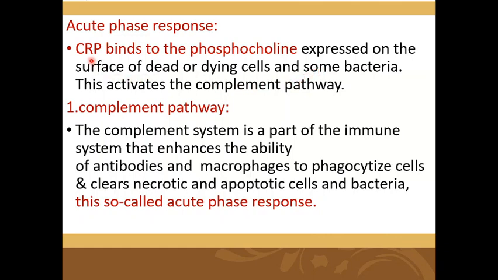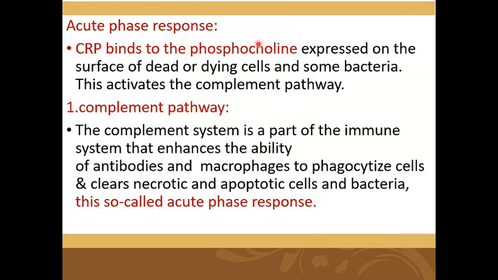Okay? So CRP binds to the phosphocholine expressed on the surface of the dead or dying cells and some bacteria. So when this CRP binds to the surface of those cells that are dying or damaged, or the bacteria, what happens?